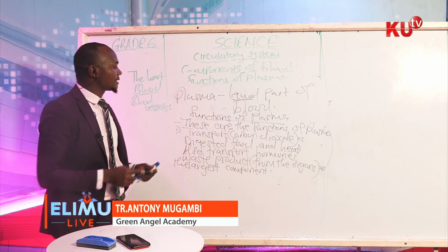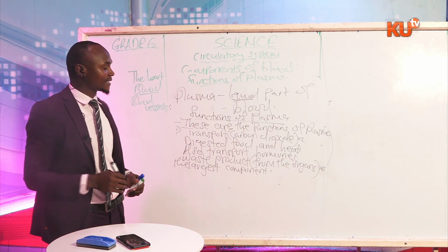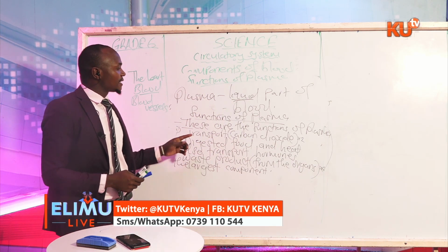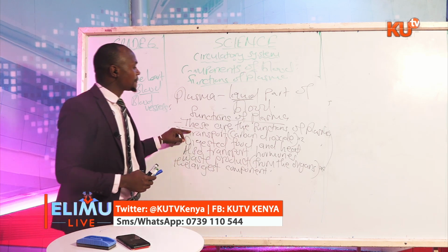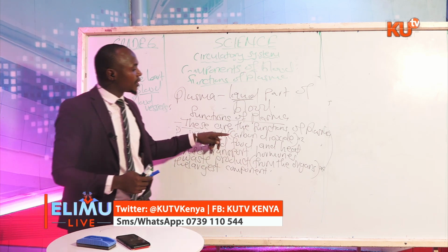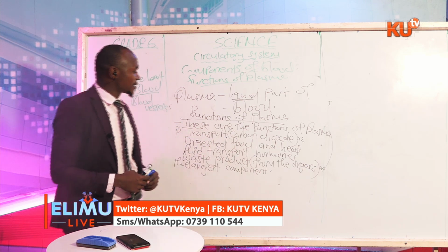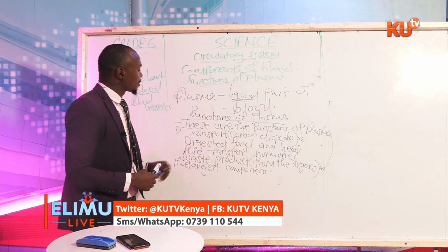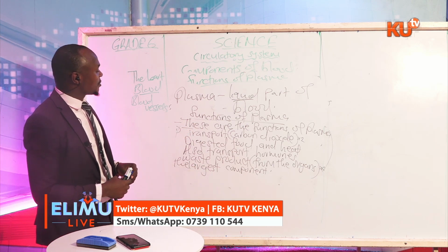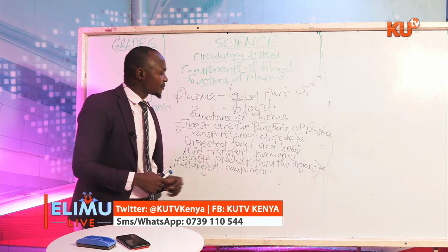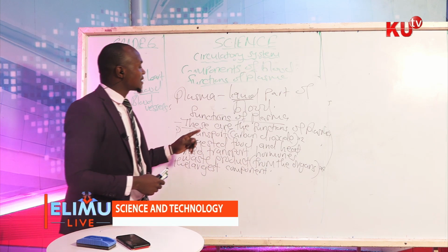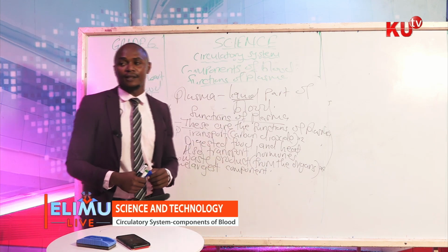I will sing again, I will repeat again so that you can get it clearly. Then you repeat after me. These are the functions of plasma: transport carbon dioxide, digesting food and heat, also transporting hormones, waste product from the organs, the largest component.